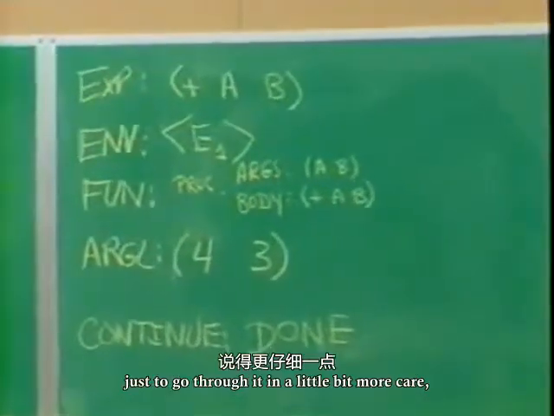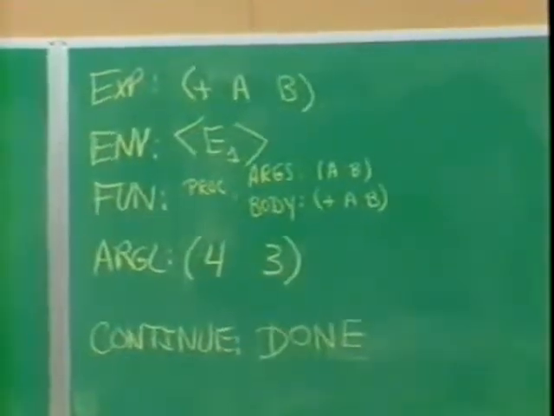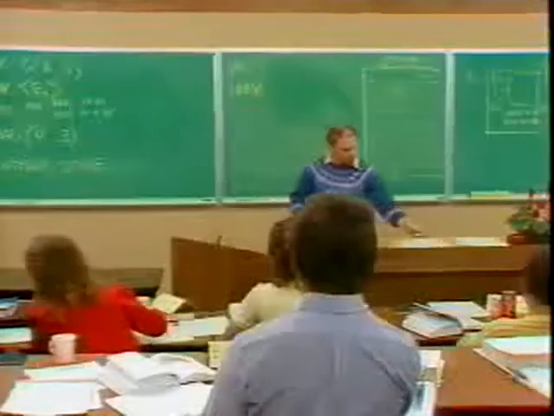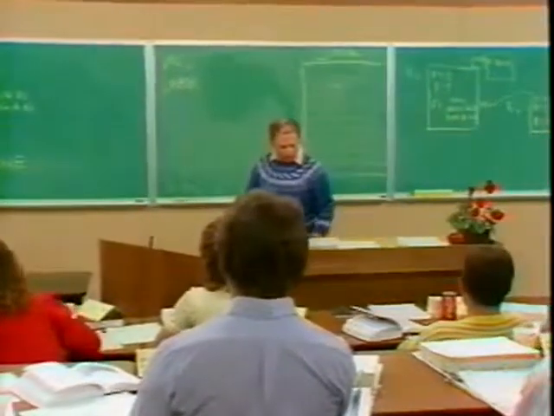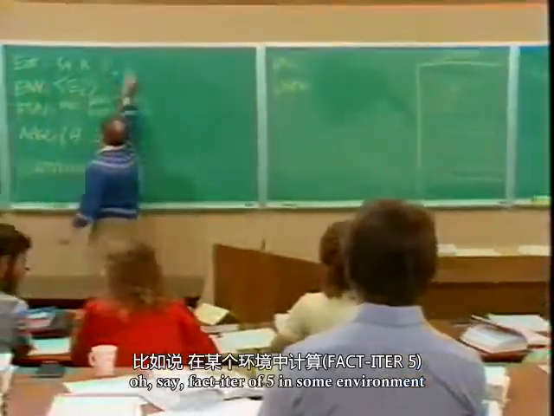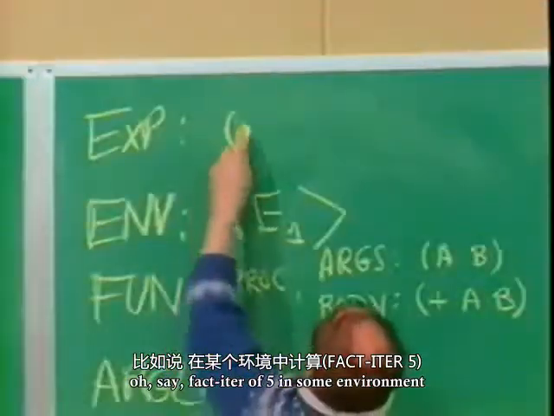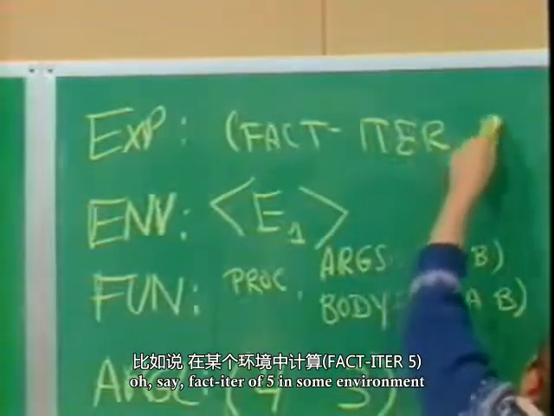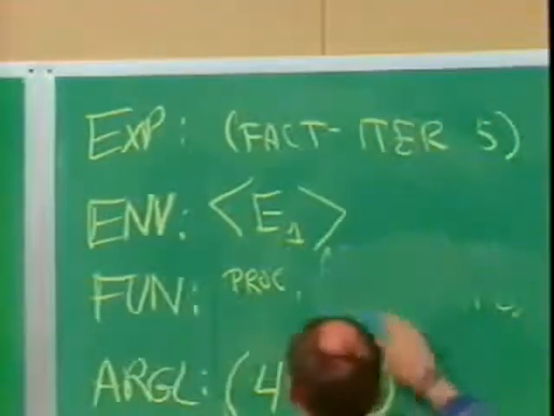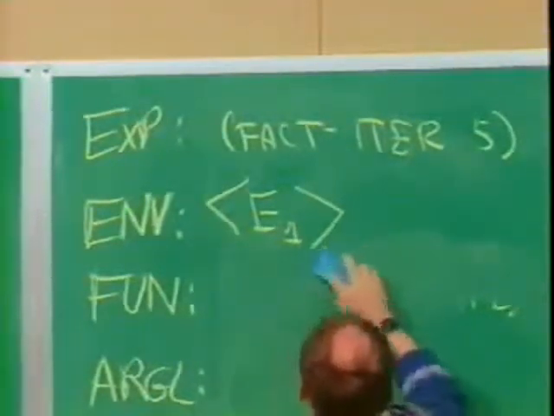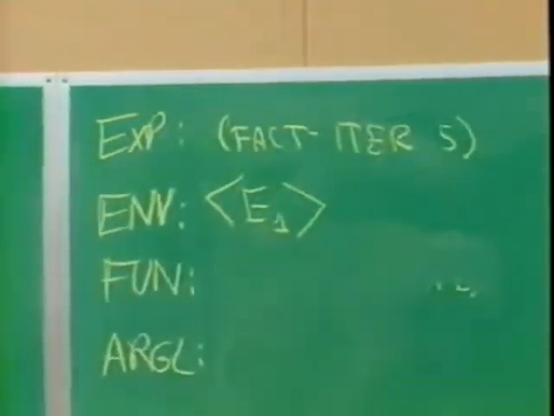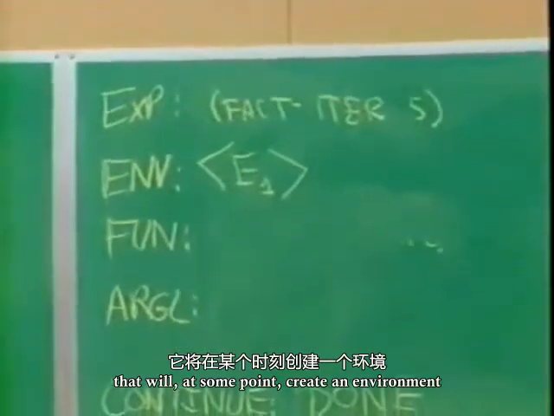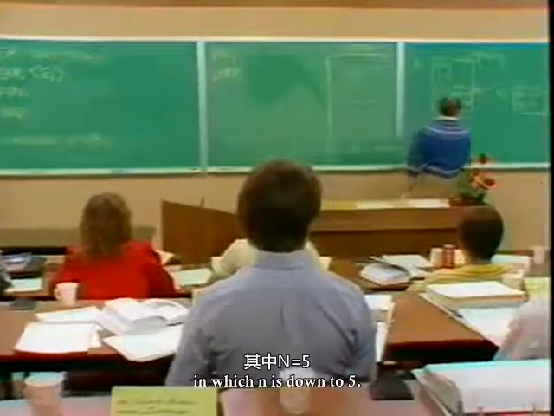Right? So for example, just to go through it with a little bit more care, if I start out with an expression that says something like, say, fact iter of 5 in some environment, that will at some point create an environment in which n is bound to 5.